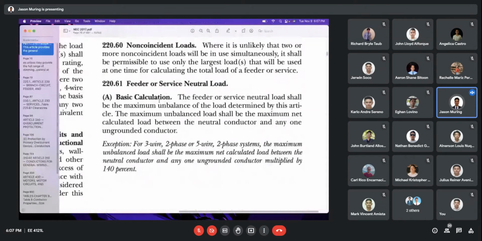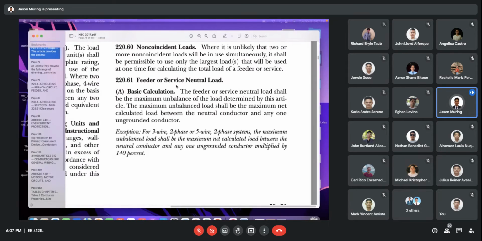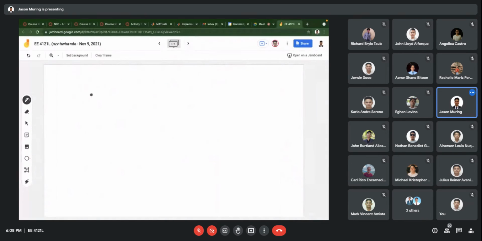Then for the calculation of feeder neutral, in our case here in the Philippines, we don't have to bother with this one because we are using single phase. In the American connection, they use 3-wire, 2-phase, in which they have a neutral conductor.